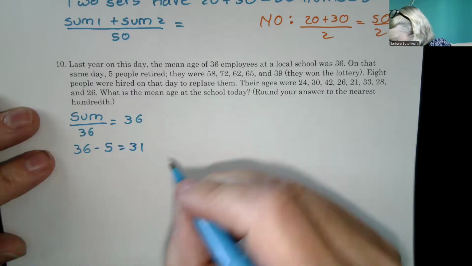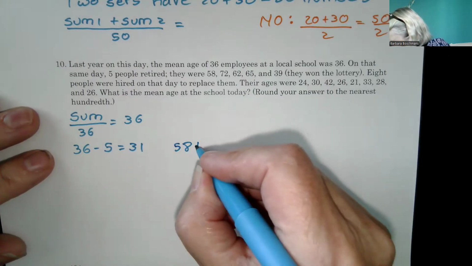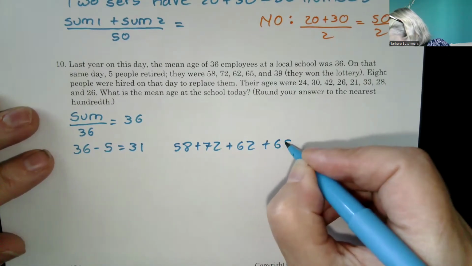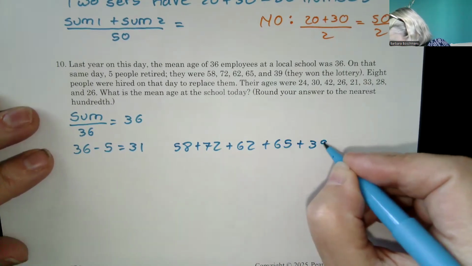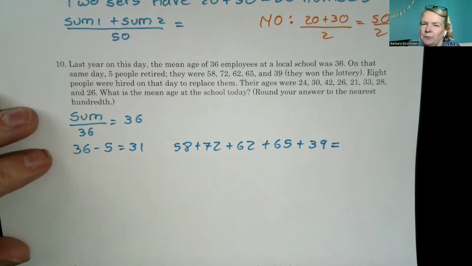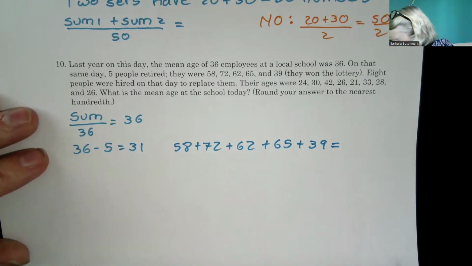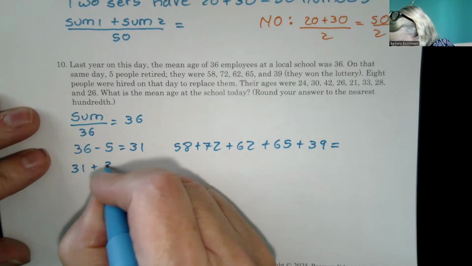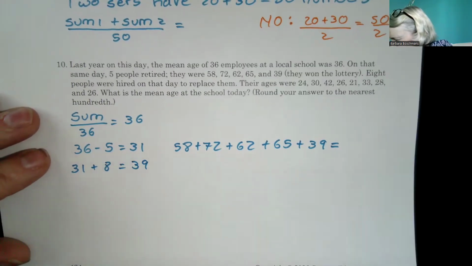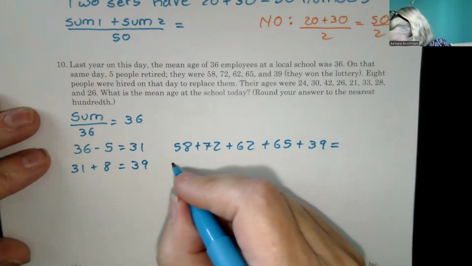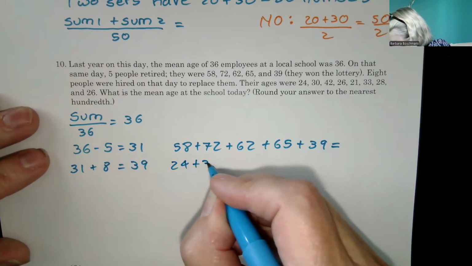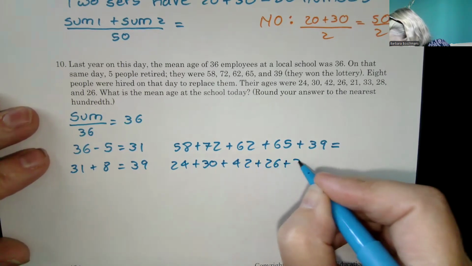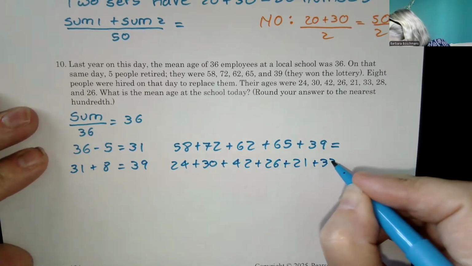Their ages were 58, 72, 62, 65, and 39. So we're going to find the sum of those. 8 people were hired, so 31 plus 8 is now 39 people. Their ages are 24 plus 30 plus 42 plus 26 plus 21, 33 plus 28 plus 26.